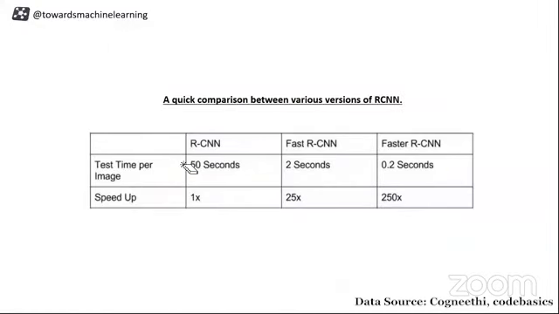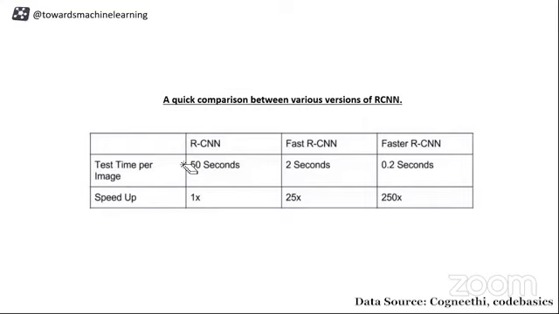Now let's see how much faster these algorithms are. RCNN takes 50 seconds to process only one image. Just imagine how computationally heavy it was, even though we had selective search and were not using a sliding window. Imagine using a sliding window; it might take 5 to 10 minutes.